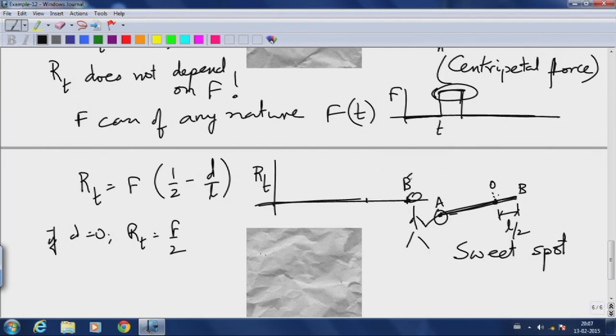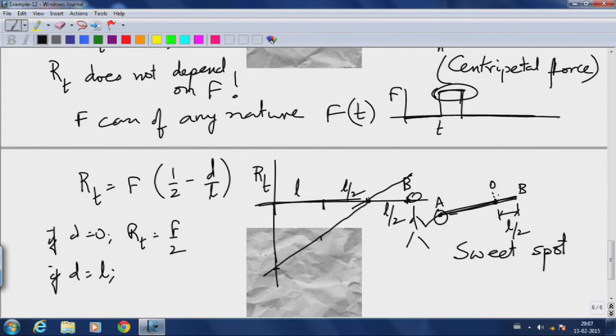Okay. And at this point the tangential force goes to 0, and if D is L, then I would go to minus F over 2, and then if D is 3L over 2, the force would be almost twice F. So, this is a distance L, this is L over 2, this is another L over 2.